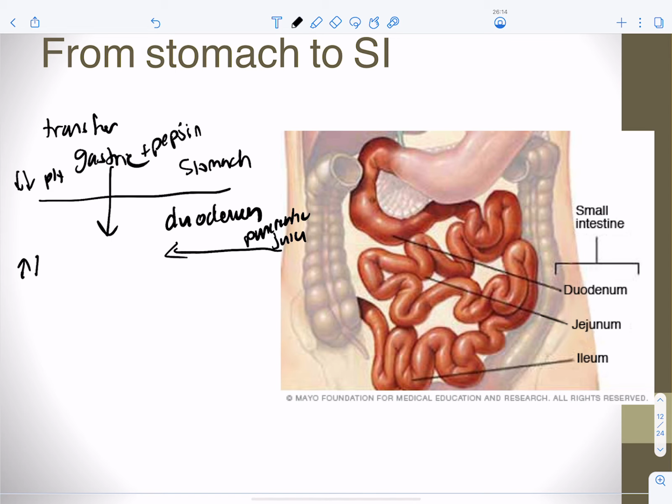And then this is higher pH. So you still have your secretion, emulsification of your food, plus pepsin. But now pepsin is inactivated because of the increase in pH. Most of this increase is due to bicarb from the pancreas. And so you're going to now have to rely on pancreatic enzymes to continue to digest your proteins. And they're primarily going to be trypsin and chymotrypsin, which digest the proteins.